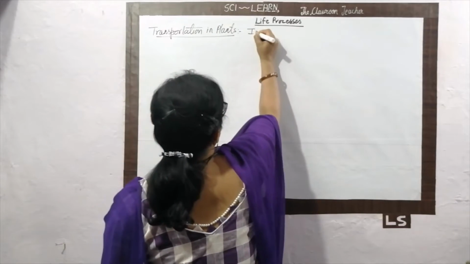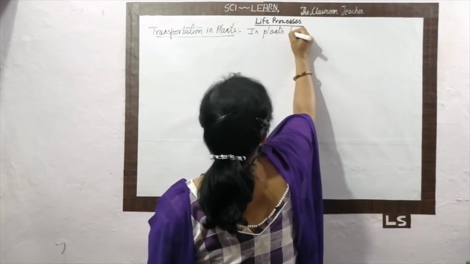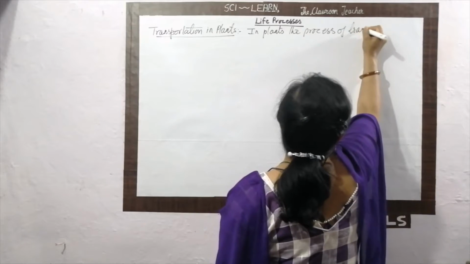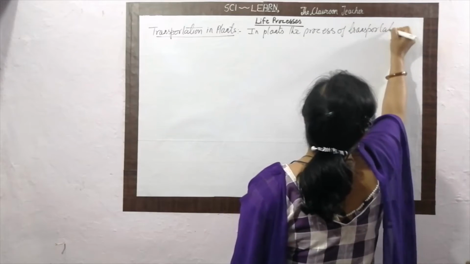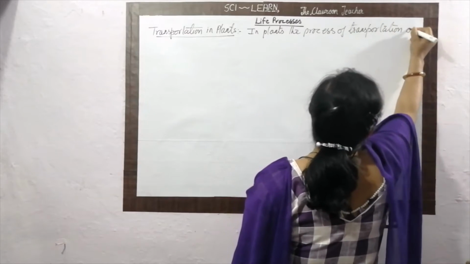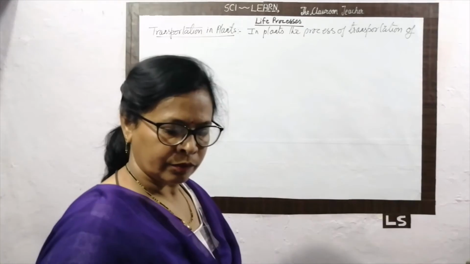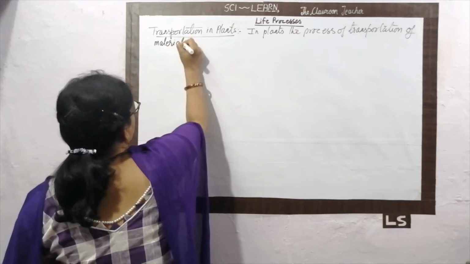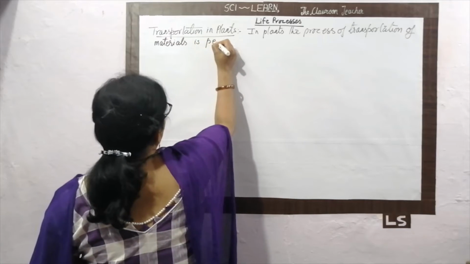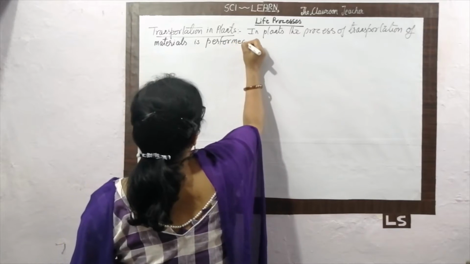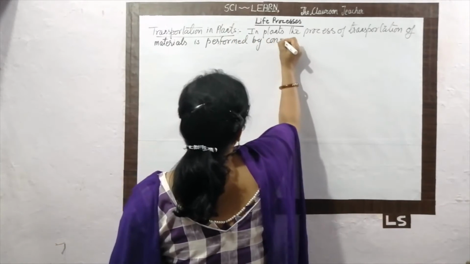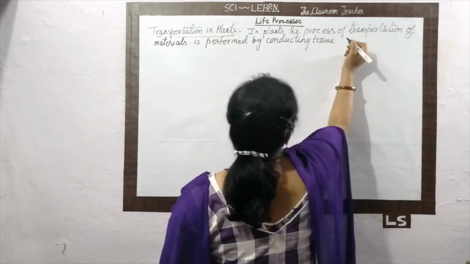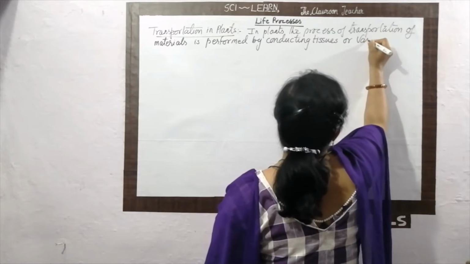In plants, the process of transportation of materials is performed by conducting tissue or vascular tissue.